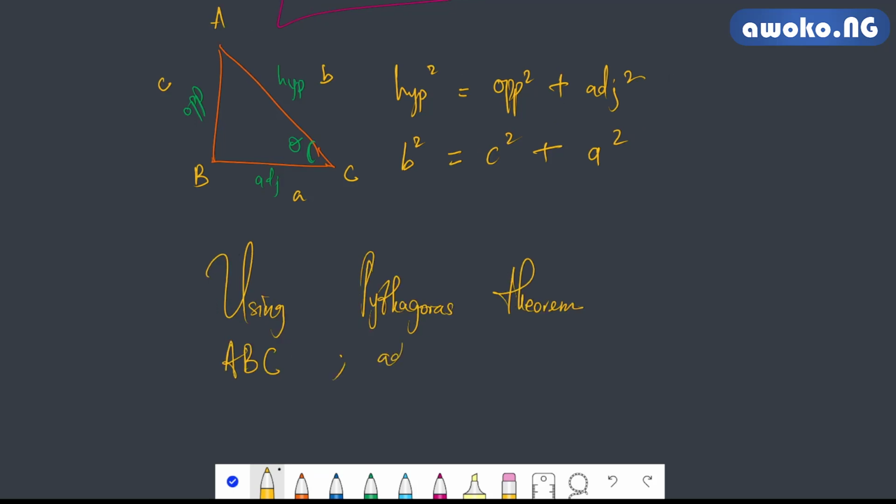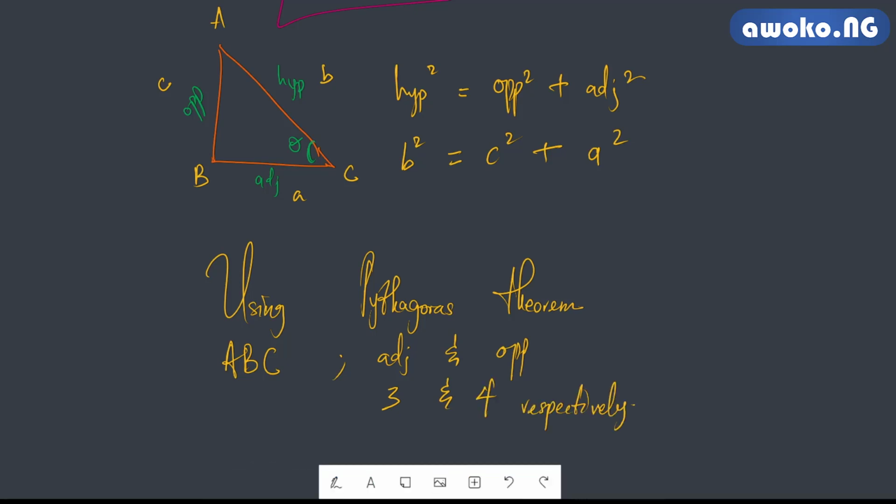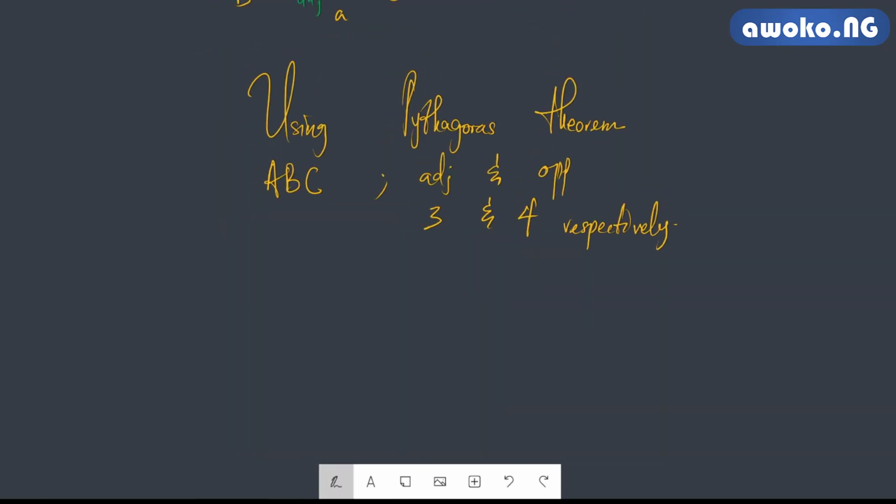So if the adjacent and the opposite sides are 3 and 4 respectively, this is very simple as we can compute it right away.